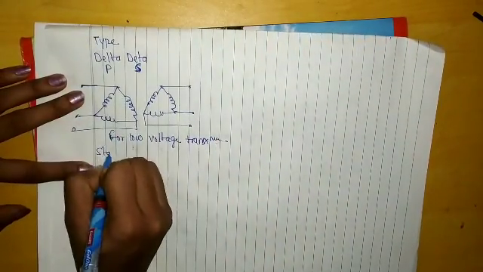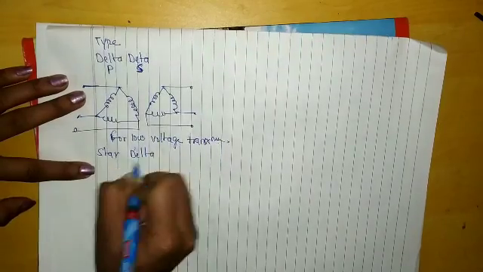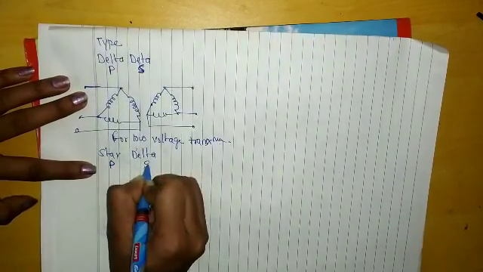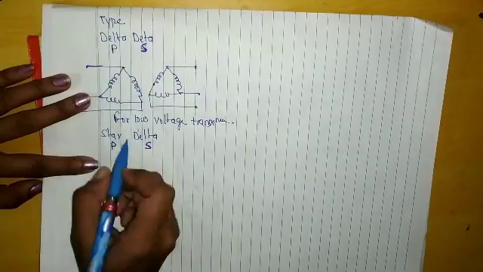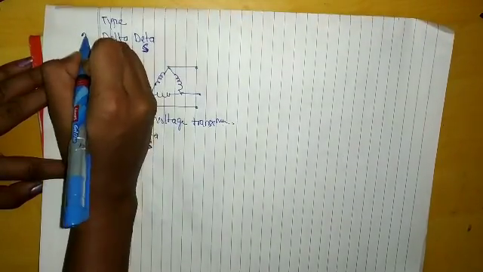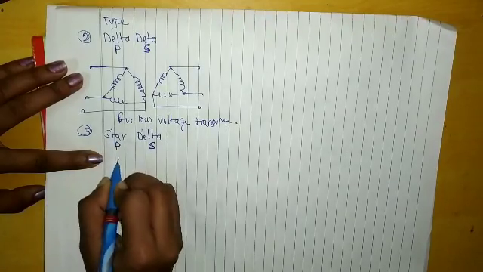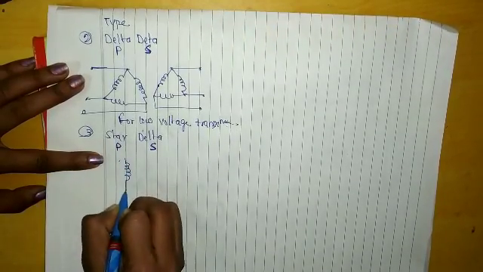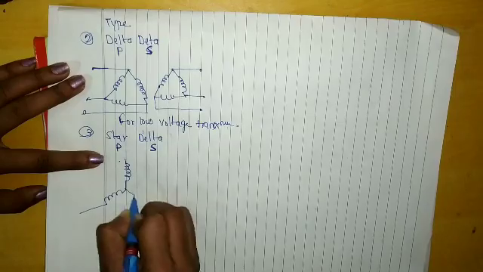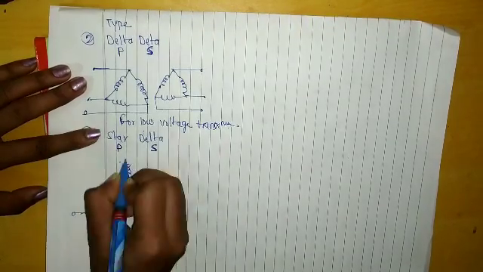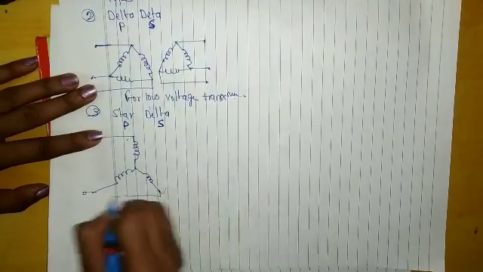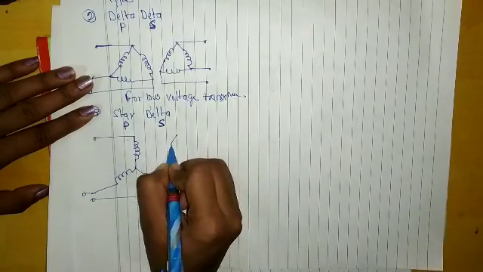Now star delta. The first one is always for primary side, the second one is for secondary side. So this is the third type, star delta. How will the diagram be? Star means we know how to draw. So this is the star connection, and for secondary it is delta.